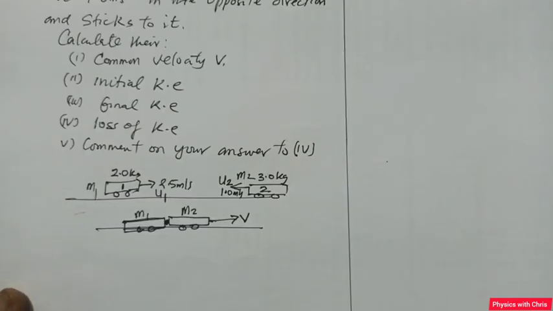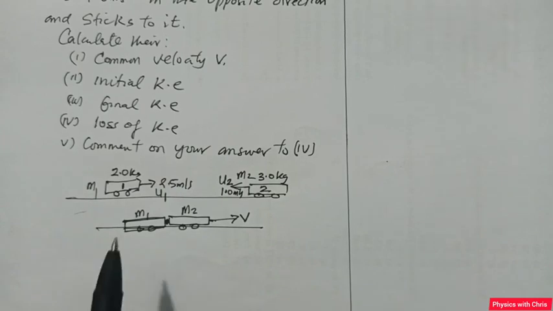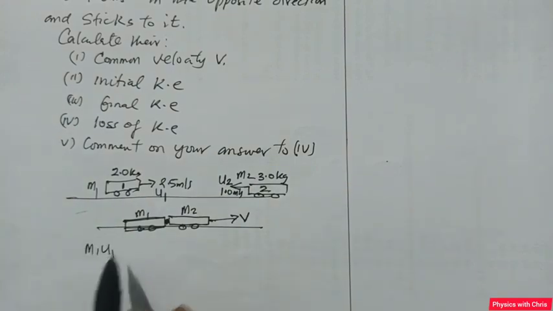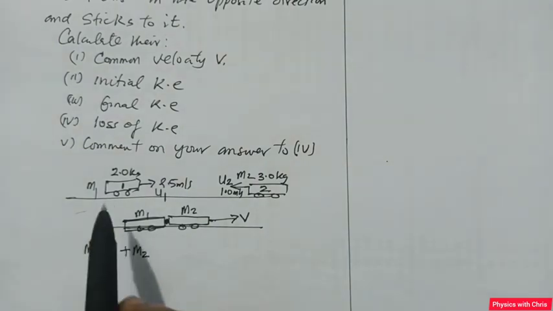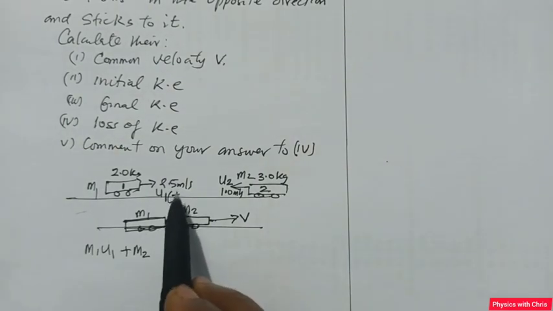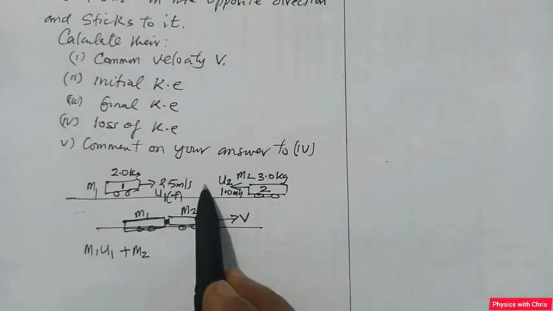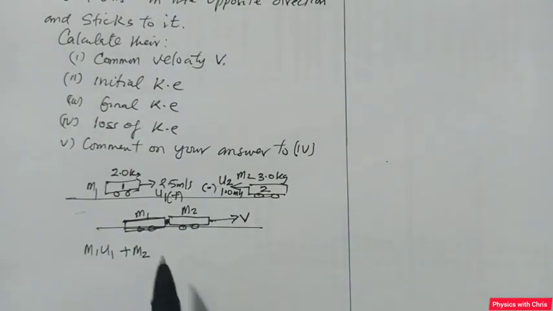Using the principle of conservation of momentum, total momentum before collision must equal total momentum after the collision. Before collision, we have m1 u1 plus m2 u2. I'm going to assign direction now. Direction to the right, along the positive x-axis, I give positive, and towards the negative x-axis, I give negative, so that u2 is negative.